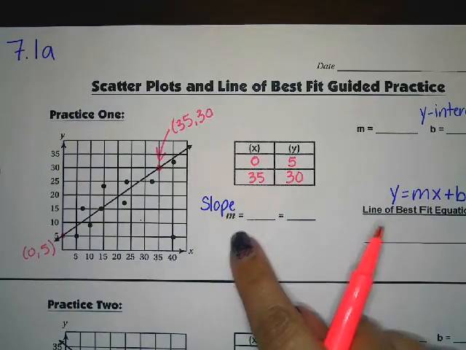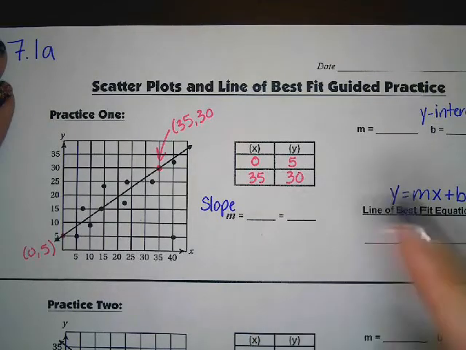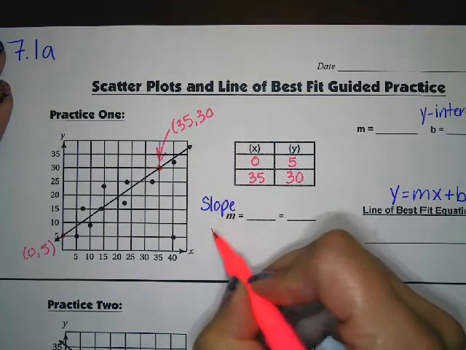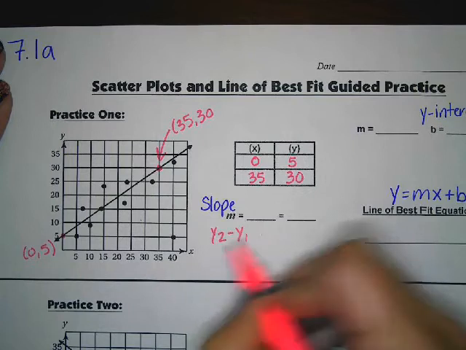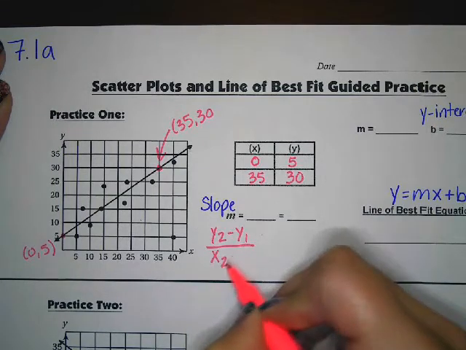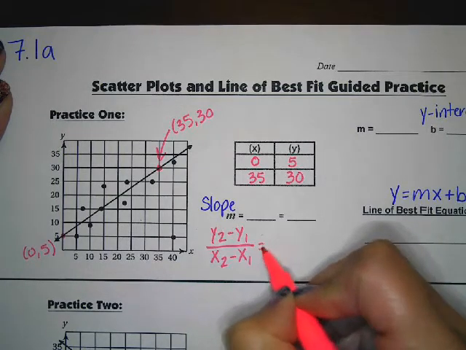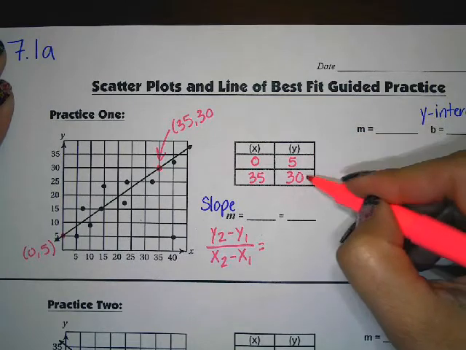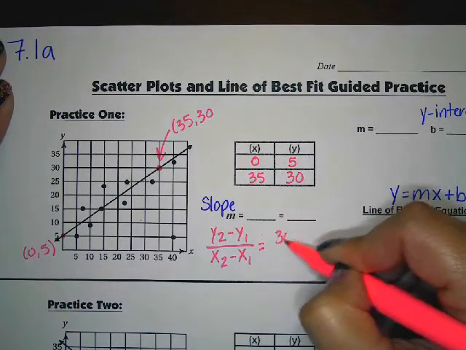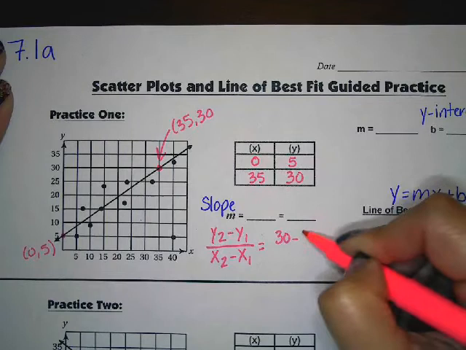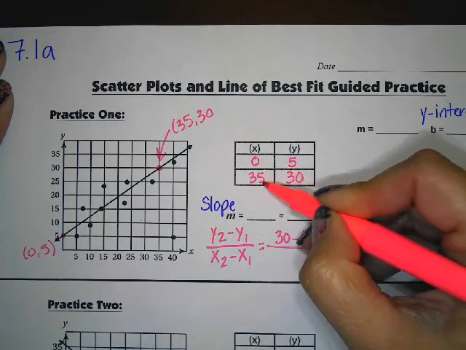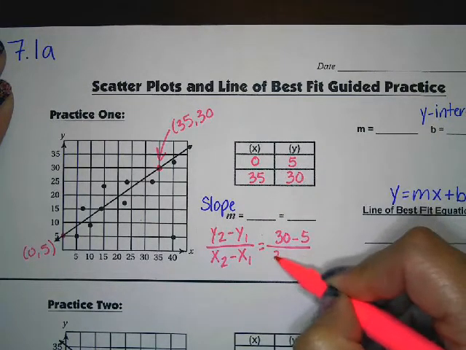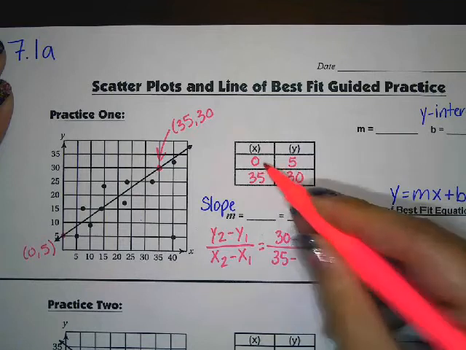From there, I can find my slope. Remember, our slope is y2 minus y1 divided by x2 minus x1. So my y2 is 30 minus my y1, which is 5. x2 is 35 minus x1, which is 0.